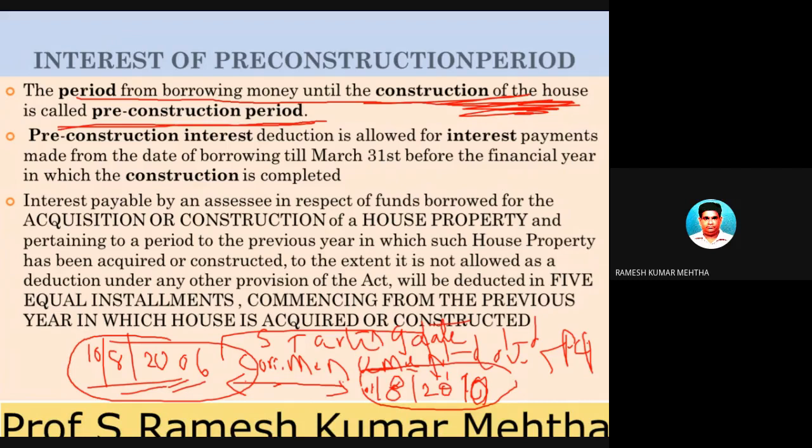So the interest for this duration is allowed to be deducted in the subsequent years, for 5 years. We will see in depth what those 5 years are, from which year it is going to start, and so on.